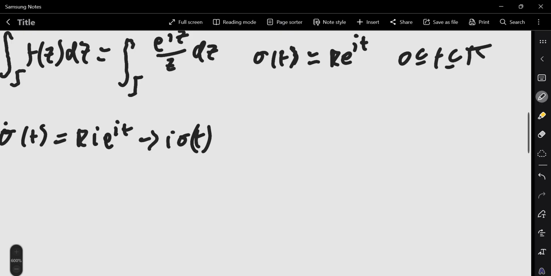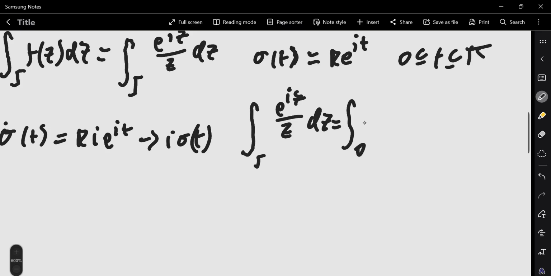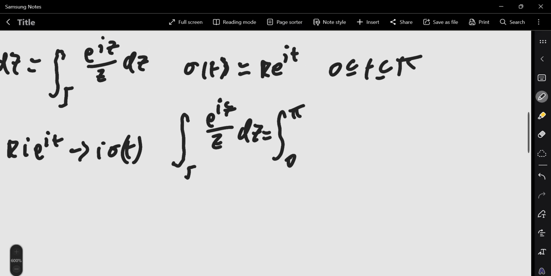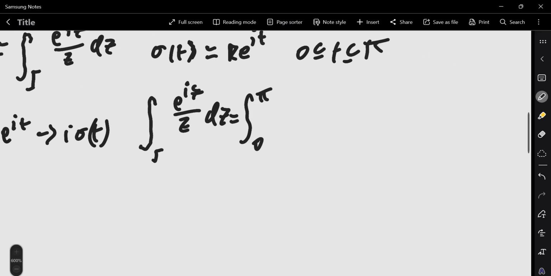And so our integral over gamma of e to the i z over z dz becomes the integral between 0 and pi of e to the i sigma t, all over sigma t, times sigma prime of t, dt.